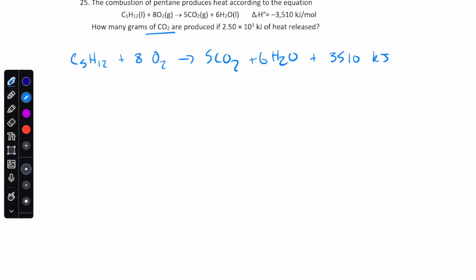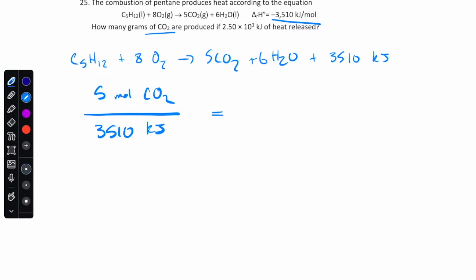Mass mole conversion. So I just set it up like this. Ratio, we know that 5 moles of CO2 produces 3510 kilojoules of heat. That's the ratio that we have in this equation.